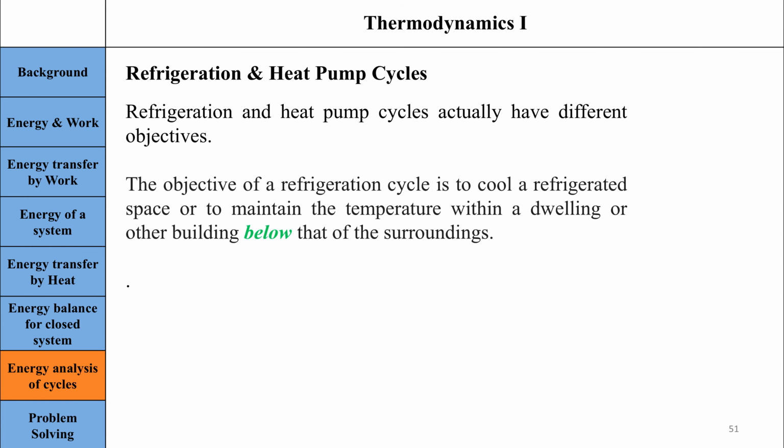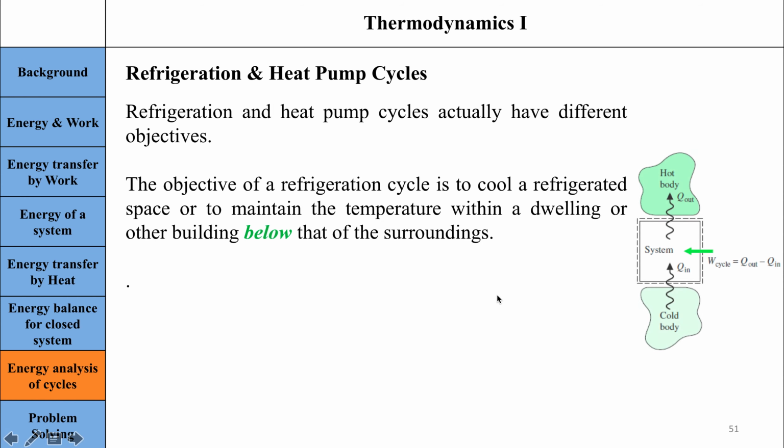So say we are supplying work into the system here to make sure that we are collecting heat Q in out of this cold body, so this cold body gets even colder, and then we're supplying heat out to the surroundings, to the hot body. This is the objective of a refrigeration cycle.